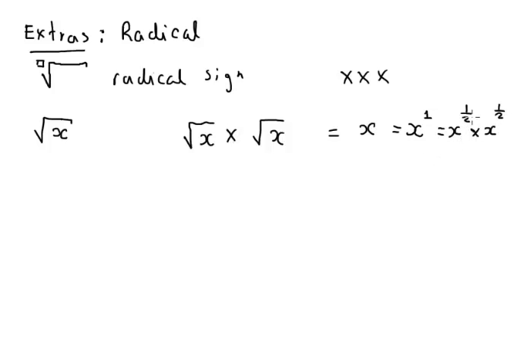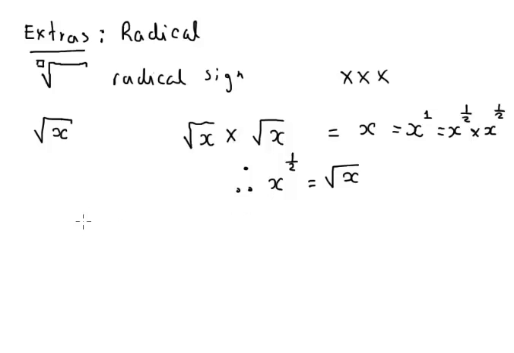It means if I multiply x to the power half by x to the power half, I actually get x. It means x to the power half is the square root of x. So you can say therefore, x to the power half is the square root of x. This is a square root expressed using a radical sign. This is a square root expressed using a rational exponent. Are we together, guys? Okay, that's that.